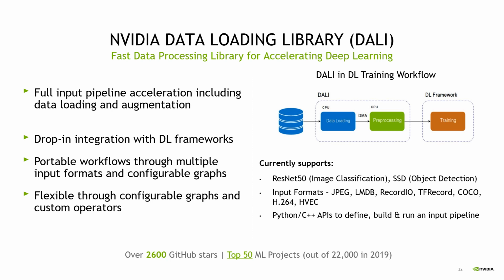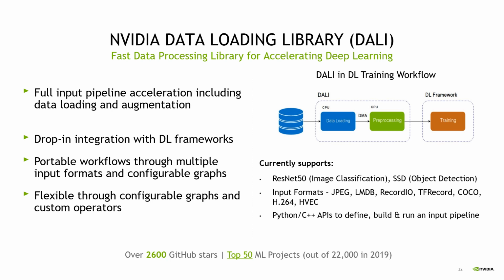It's flexible in the sense that it supports different configurations and different operators. You can also create your own custom operators. For instance, if you have a dedicated data set with a specific binary format, you can develop your own operator in C++ because DALI provides a C++ API to get the data from the storage.